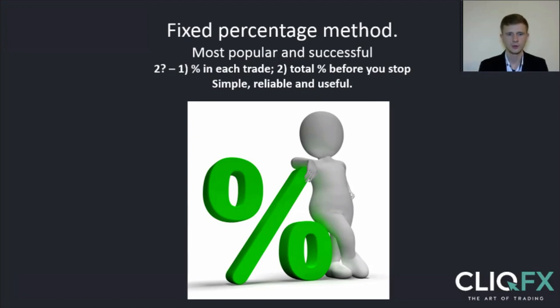So you decide for yourself and answer two questions. The first question is what is the percentage of your deposit that you are ready to lose maximum in each trade. For example, in my case, it's from 0.5% to 2% in each trade, depending on the situation.